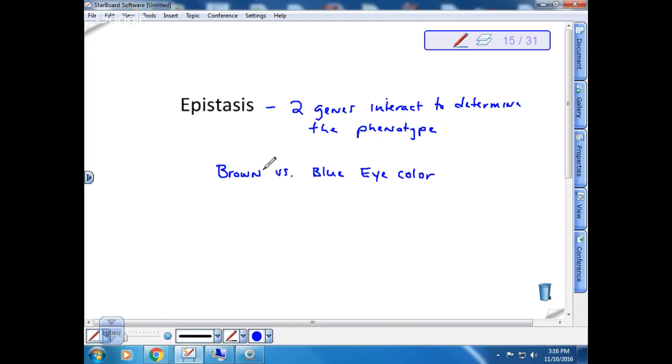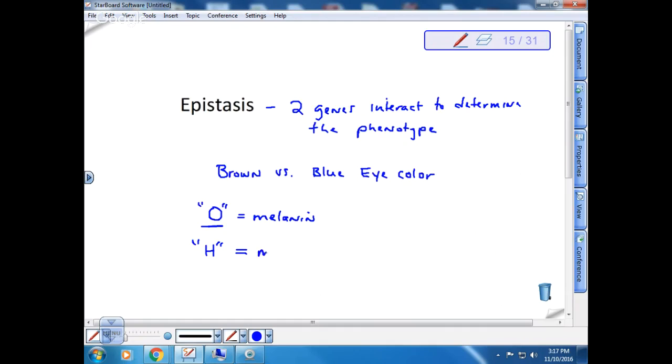Okay, so we have a gene, which is the O gene, right? This codes for melanin, right? So we only have one form of that, unless you're albino and then you don't have any melanin produced. But most of us have melanin, right? So we have skin color and we have hair color, right? So we have melanin. And then there's another gene that is called H. And this codes for melanin production in the eye.